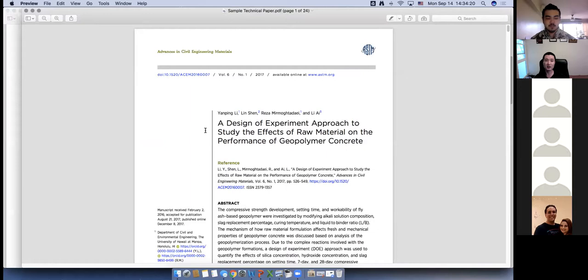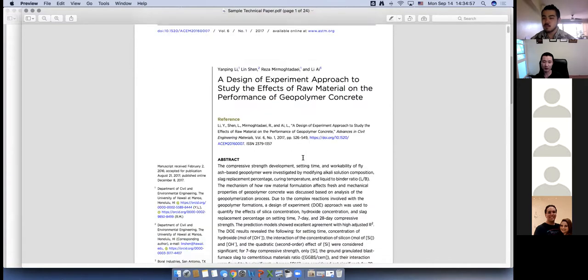This is a journal paper from Yanping Li, a graduate master student of mine, and Riza Mir Moftatai, a former PhD student of mine who is currently working as a postdoc for the company lab, along with some other company experts. The title is Design of Experimental Approach to Study a special type of concrete called geopolymer concrete. You can have a look at the paper.